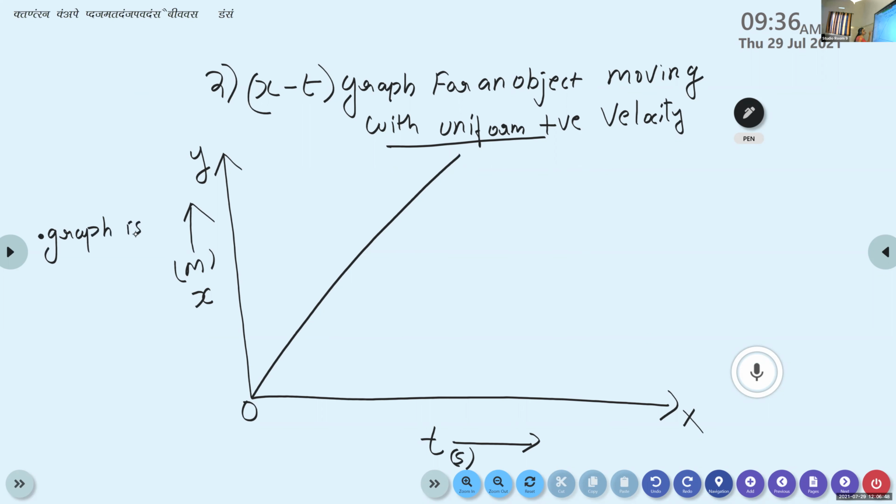The position time graph for an object moving with a uniform positive velocity is always a slanting straight line.